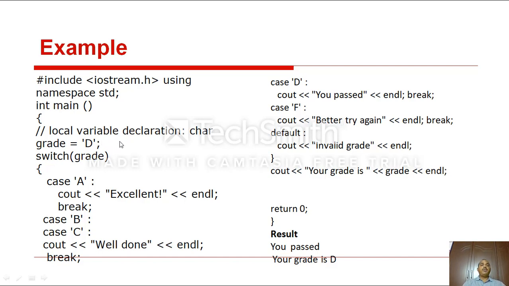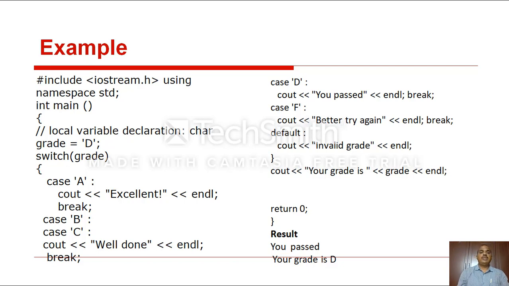So this is an example program using the switch statement. Come here, main function, grade equal to D, enclosed within single quotations, where grade is a character variable.